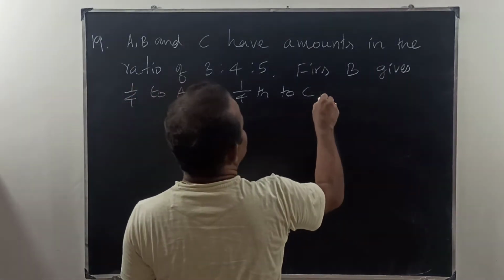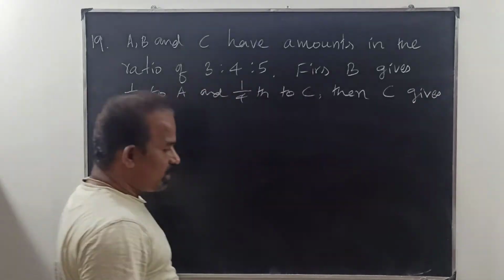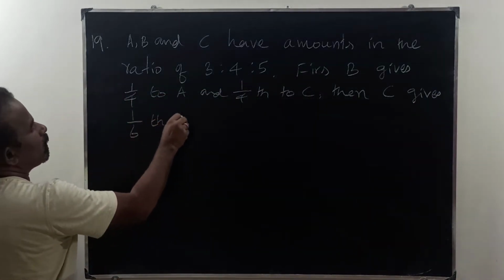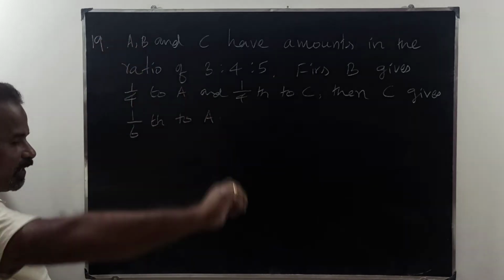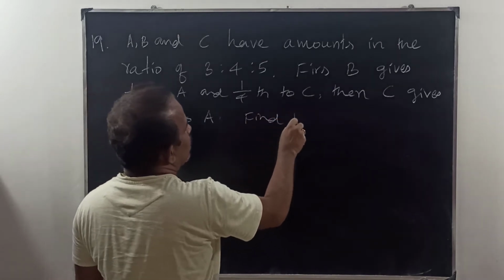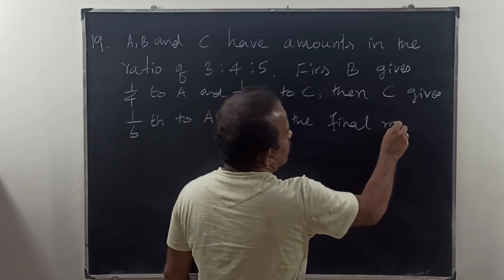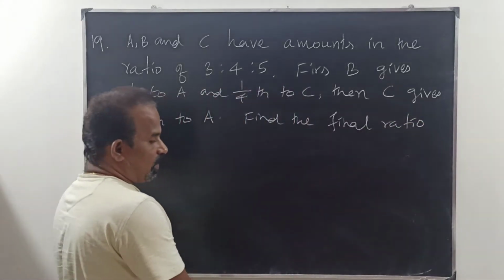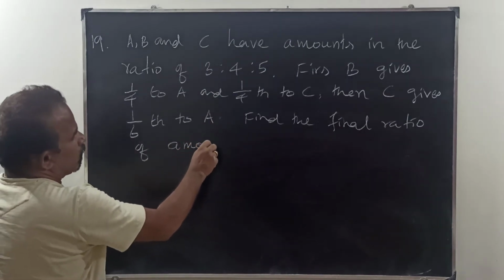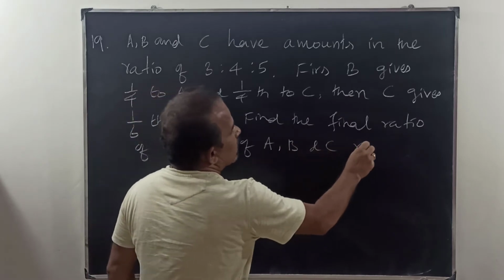Then C gives 1/6 to A. Find the final ratio of the amounts of A, B and C respectively.